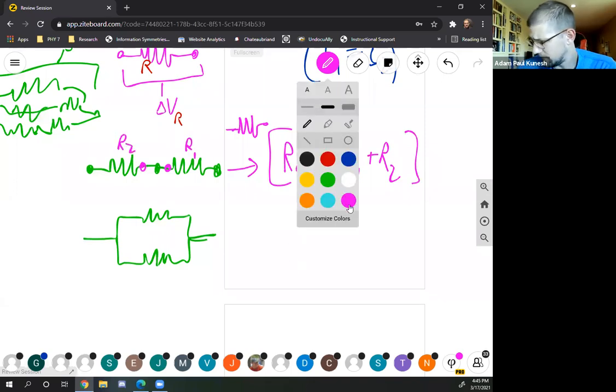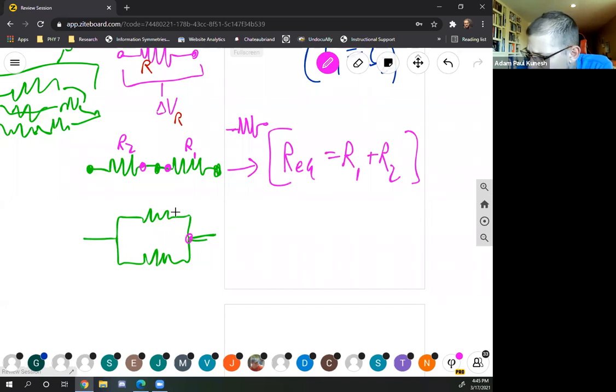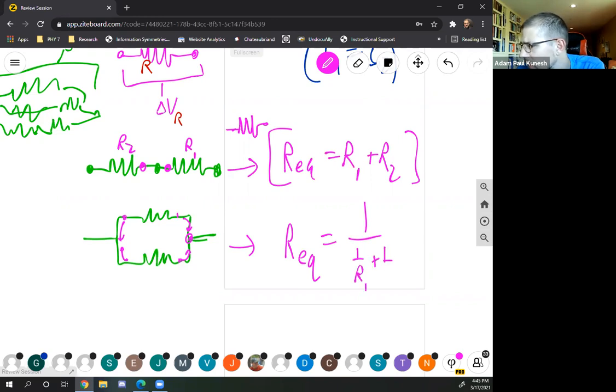Now, parallel is when two tails of the resistors are attached to one another and two heads of those resistors are attached to one another, like that. This is an example of a perfectly parallel set of resistors. The equivalent resistance of two resistors in parallel is the inverse of the sum of the inverse resistances.